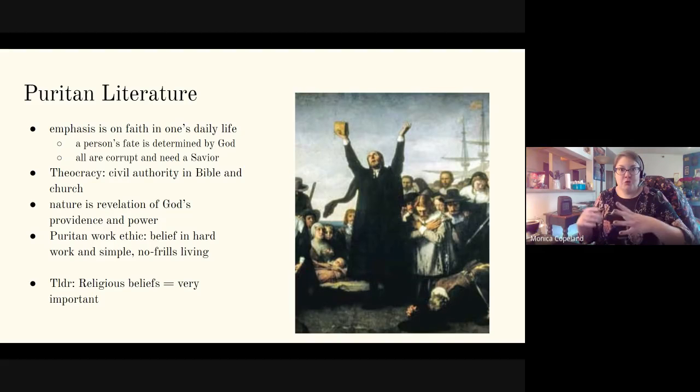So we talked about creation myths, and one of the main questions is, why do natural events happen? Why does it thunder? A Puritan would tell you that's God showing his power. He is angry. They also had a really strong work ethic. They believed in working hard, that was how you showed your faith. And they really did not like any kind of luxury. So these are very simple fundamentalist people.